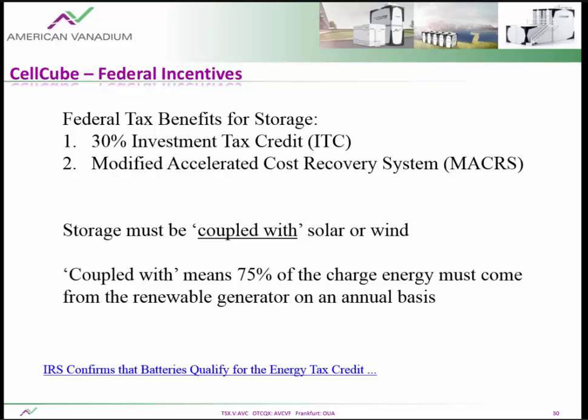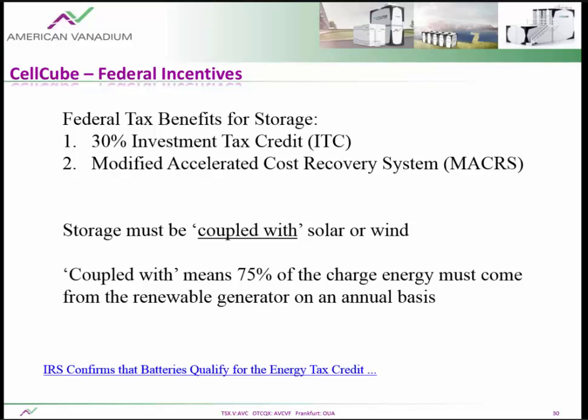The federal tax benefits for storage consist of two components. One is the 30% investment tax credit, known as the ITC. That's 30% of the installed costs as a tax write-off, which is substantial. The second one is depreciation, in this case the Modified Accelerated Cost Recovery System, known as MACRS.